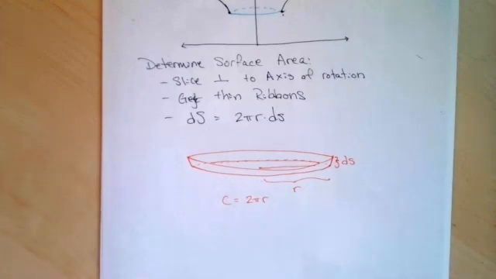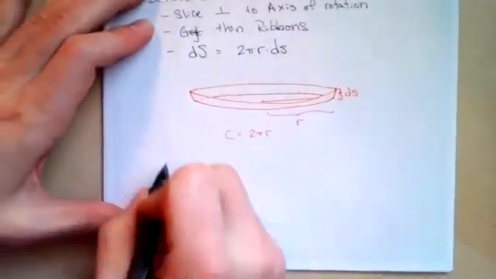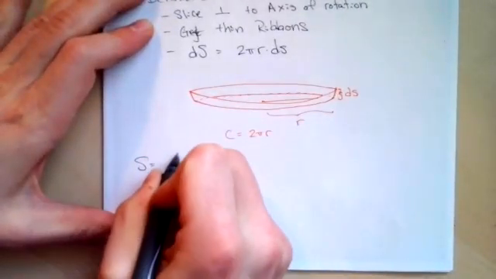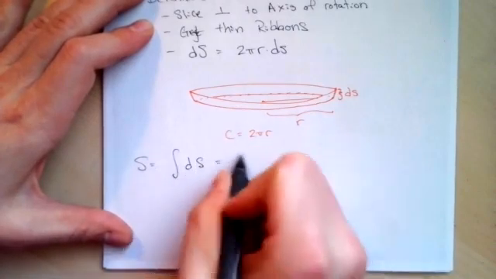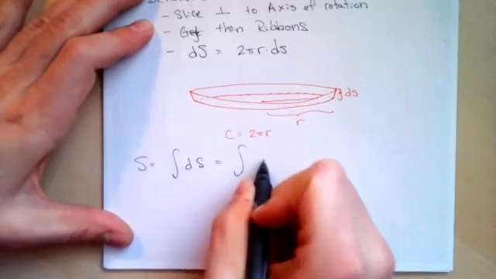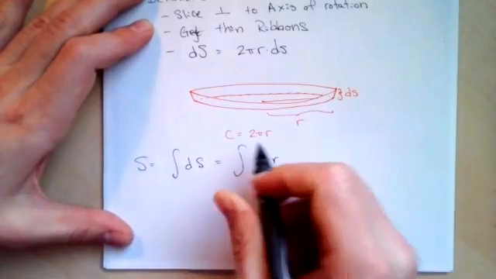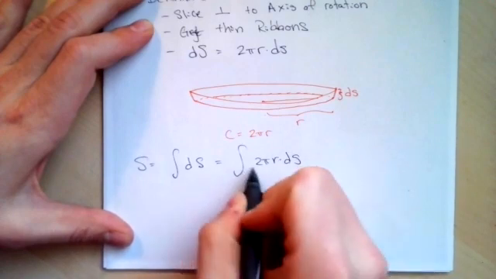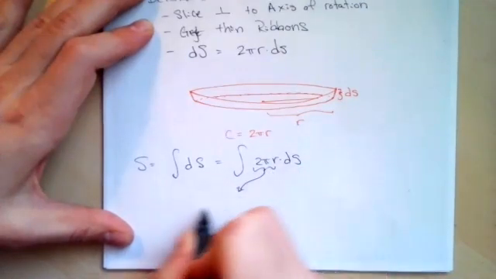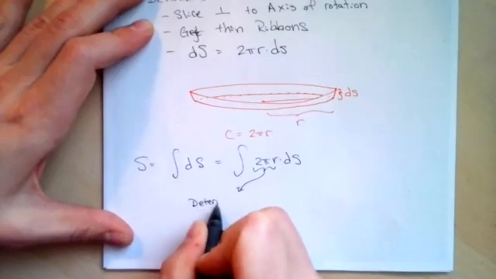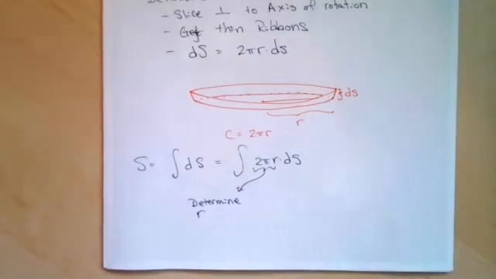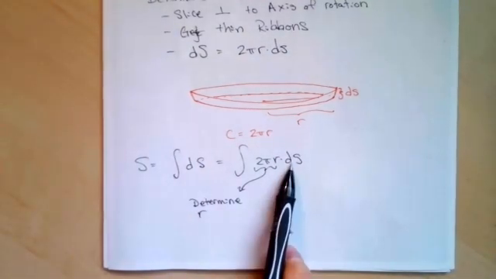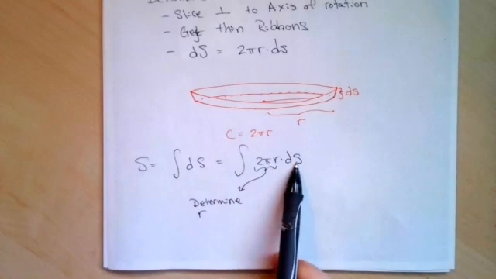So this is our breakdown. And now if we want to compute our surface area, this tells us that our goal for these problems is to determine two things. One, we've got to determine the radius. However, at the moment, we also don't know this integral in terms of ds.